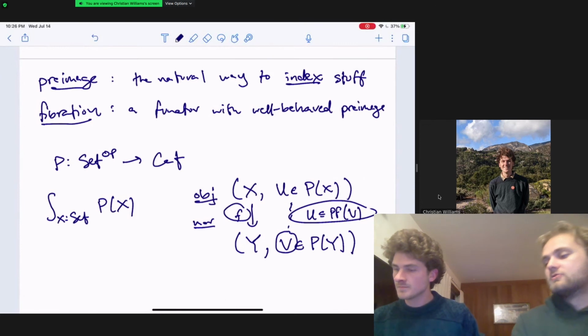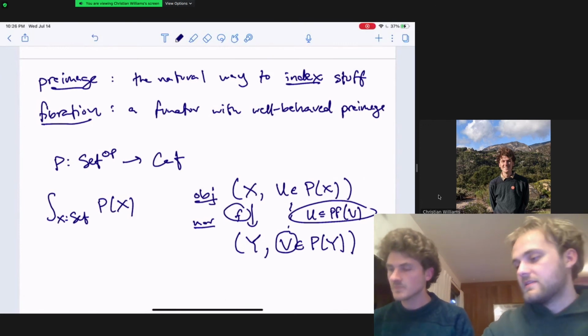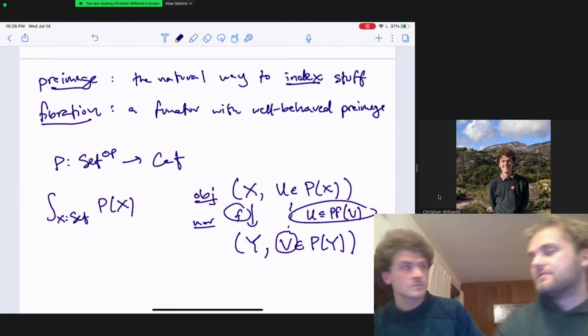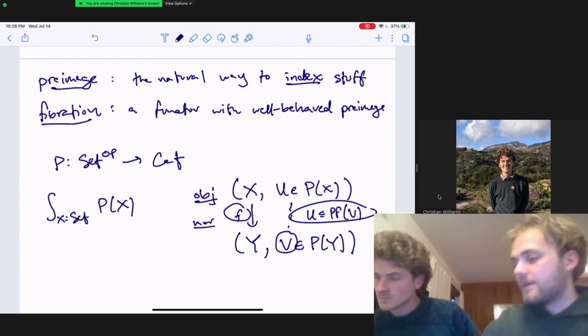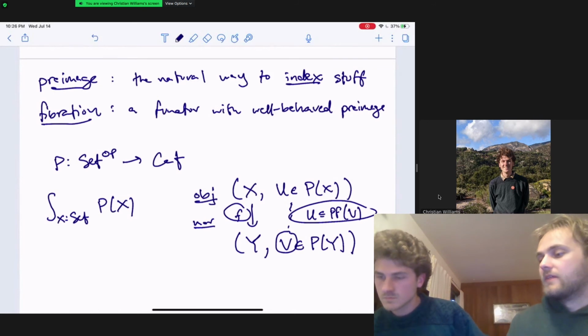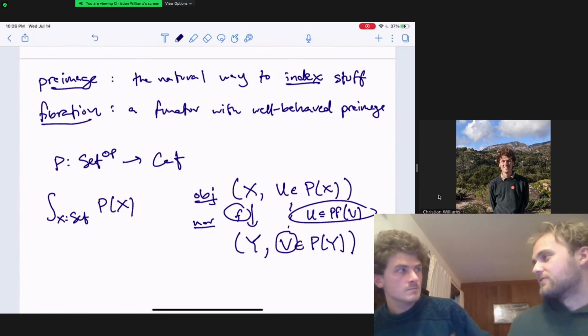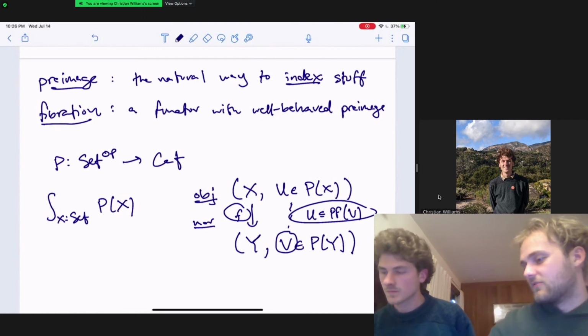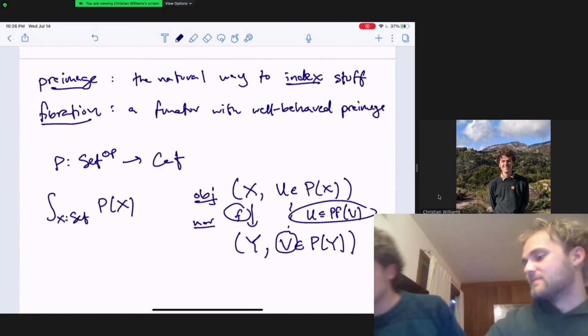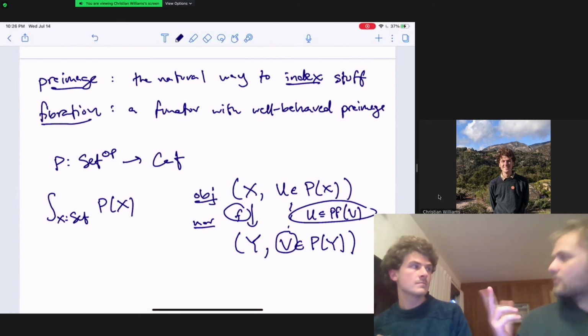This is right because P of Y is a poset, so there either exists a morphism or there doesn't. But in general, for a fibration, the data of the fibration is this morphism, and there could be more than one choice.